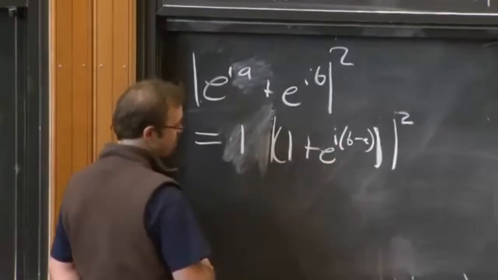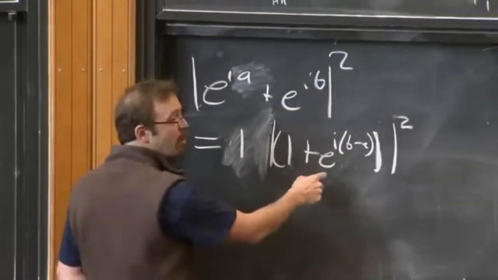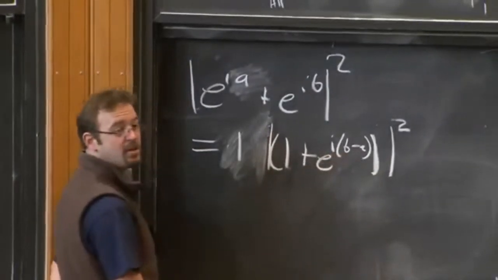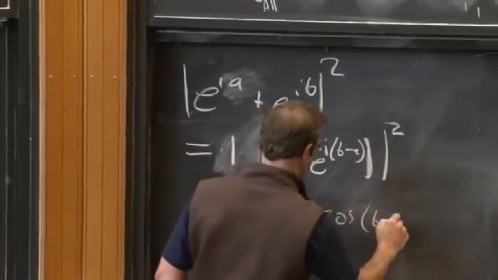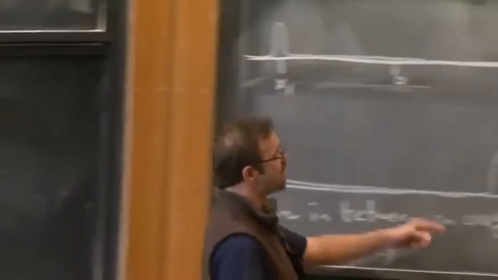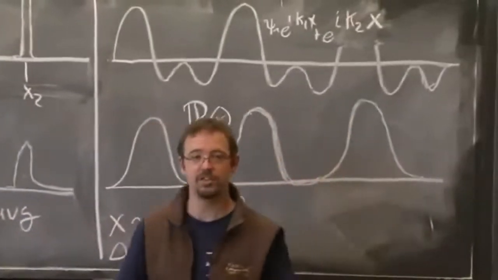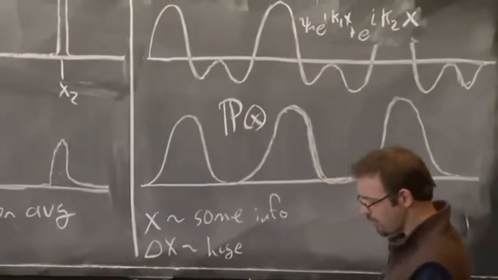The norm squared of the complex number is going to give me 1. And the cross terms are going to give me twice the real part of e to the i (b minus a), which is equal to 2 cosine of (b minus a). OK? And so what you see here is that you have a single frequency in the superposition. Cool? OK.